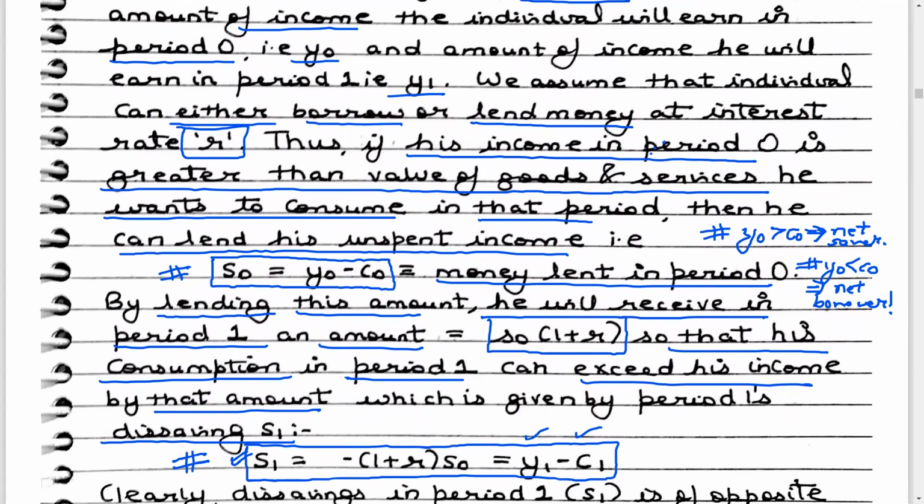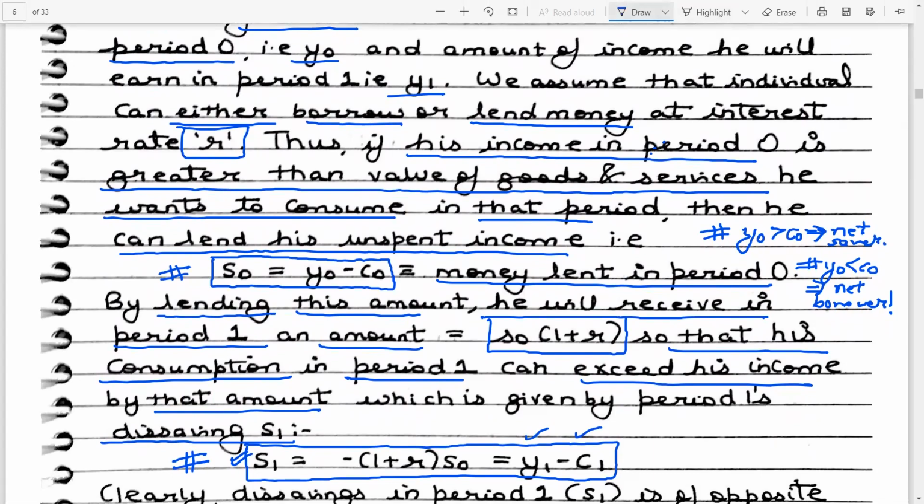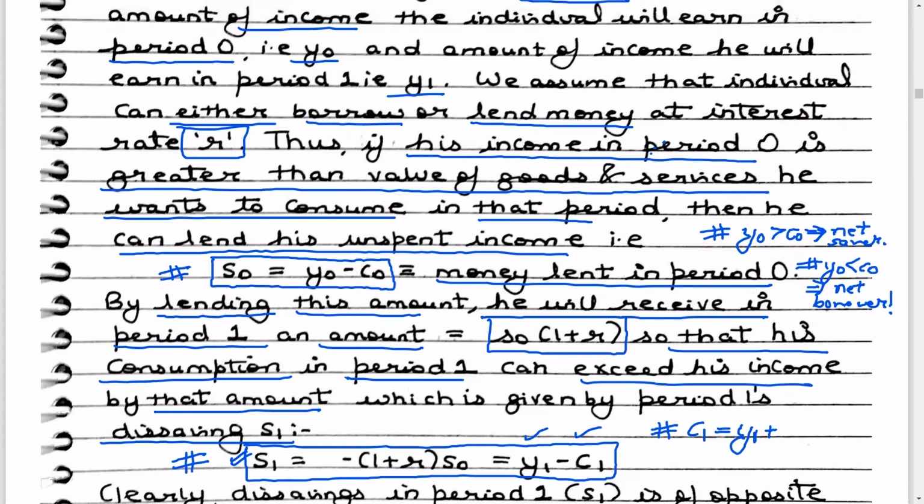That means my Y1 minus C1, another way of saying it, I can write it like this. What will my C1 be? The consumption in period 1 will exactly be equal to my income in period 1 plus the savings and the interest I will get from period 0. So I can write plus 1 plus R times S0.